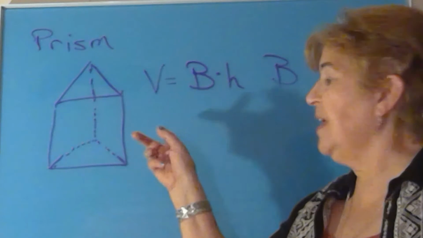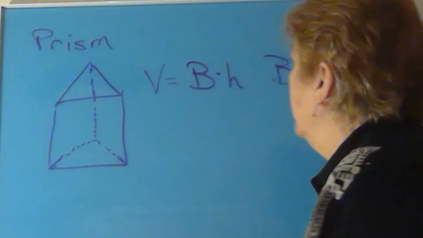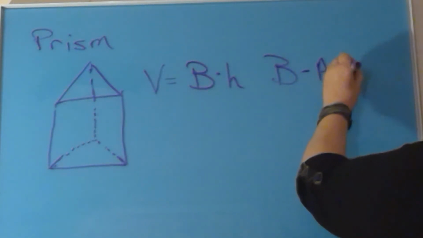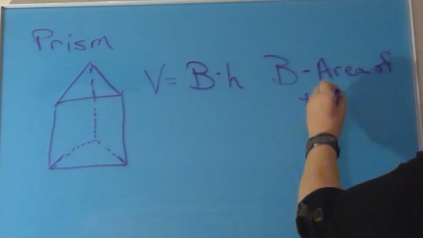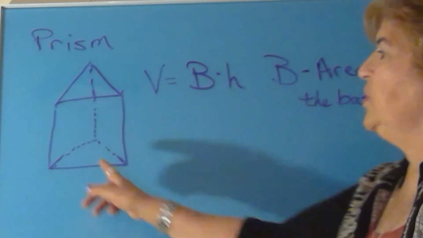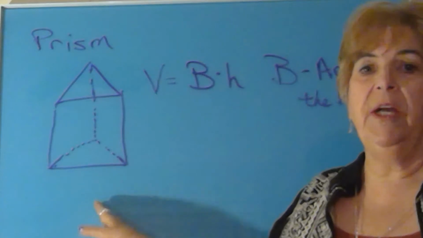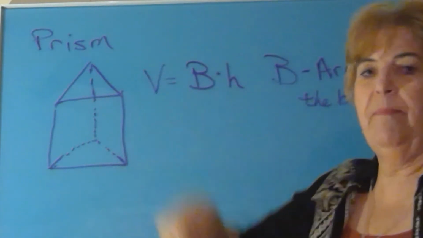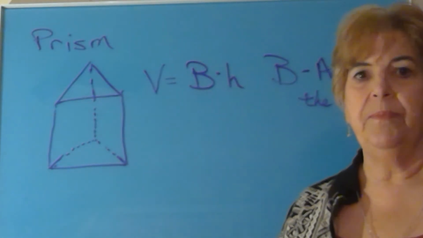This isn't just a side of the prism. Capital B stands for the area of the base. So no matter what shape your base is, if you find the area of that base, then you simply multiply it by the height to get your volume.